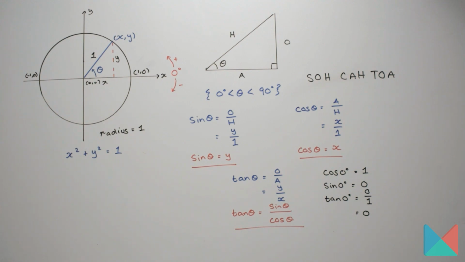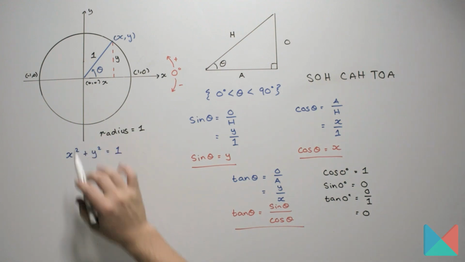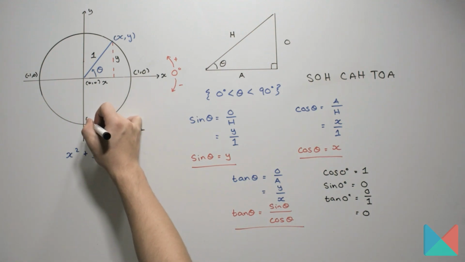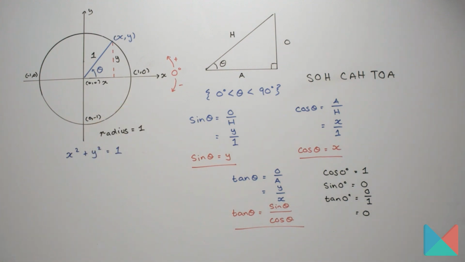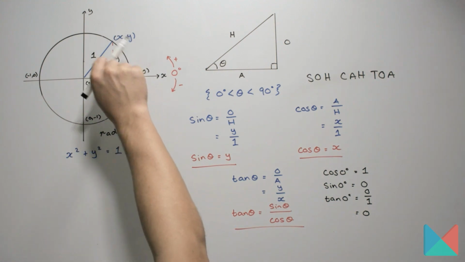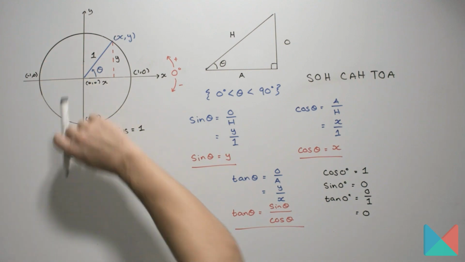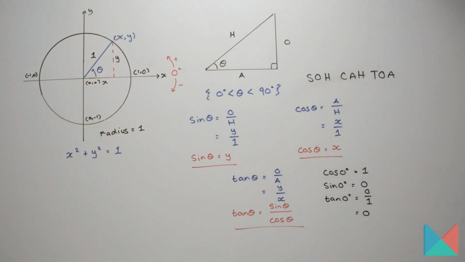And let's test another case. So let's test down here, which is going to be 0 on the x and -1 on the y. And if I asked you what is sine of this angle, well, this angle is going around 180 and then 90 degrees more, so we're at 270 degrees.